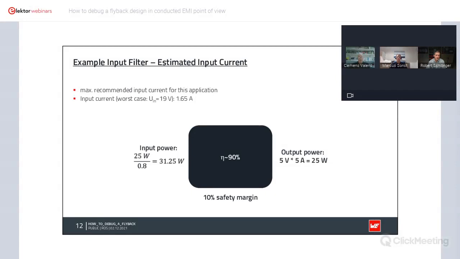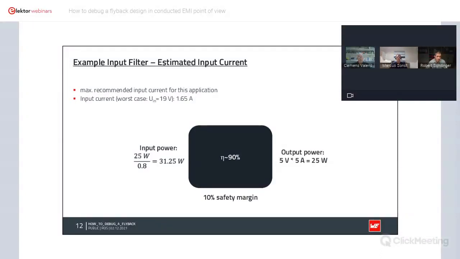That's the facts, and now we start some calculations. For example, if you have an efficiency of 90% and I add an additional safety margin of 10%, we can calculate from the output power back to the input power. In this way, we get the maximum input current.